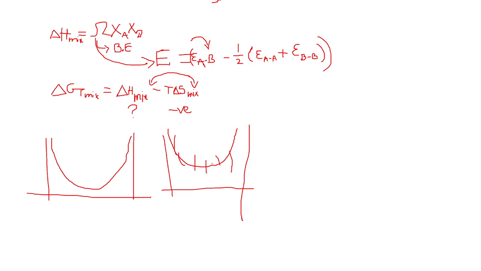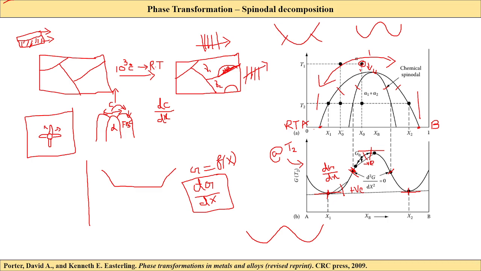We have a bit shallow curvature. Now if I increase my delta H mix to a more positive value, then my delta G mix will look like this. Its curvature will change. It will not continue. Right. So you will have a hump in between.